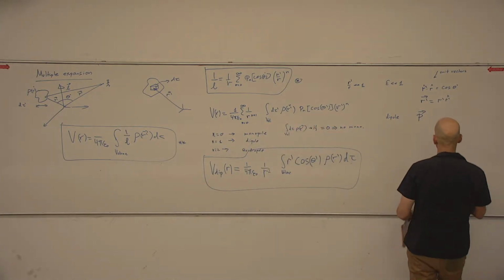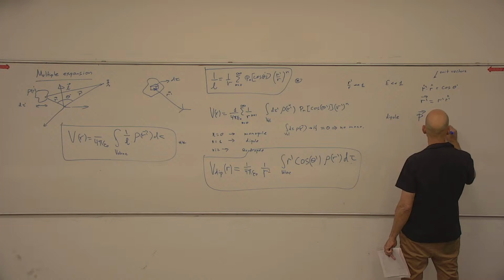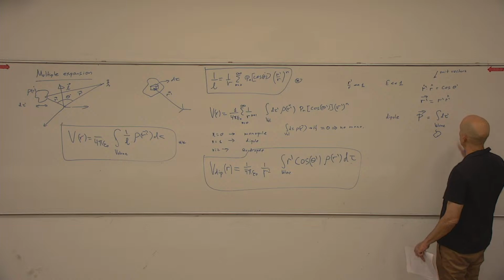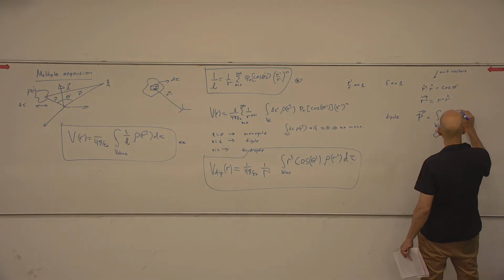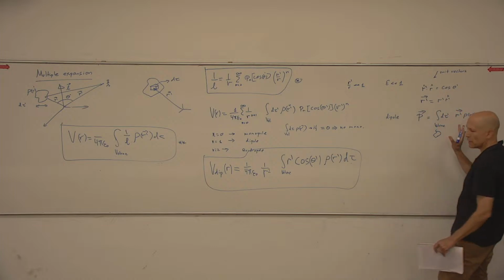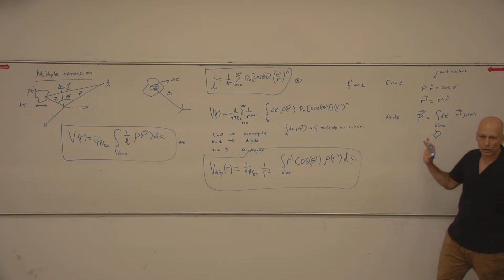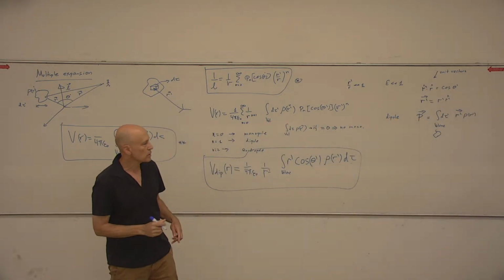We have here the integral over the volume of R prime rho of R prime d tau. So I need to add up all the contributions of R prime rho R prime. I'm not saying that in general doing this integral is easy in any way, but formally this is the solution.